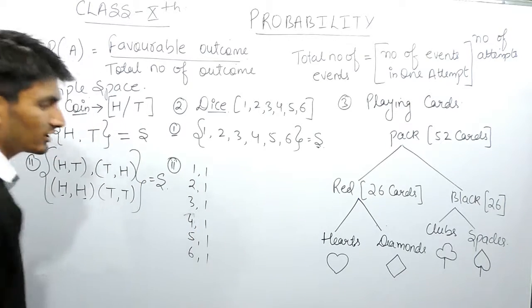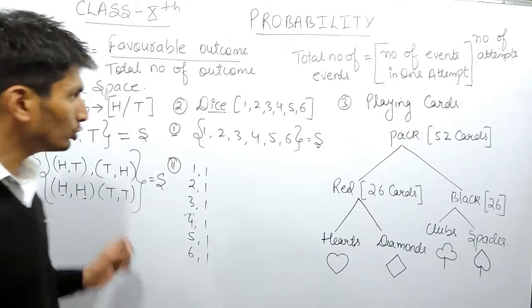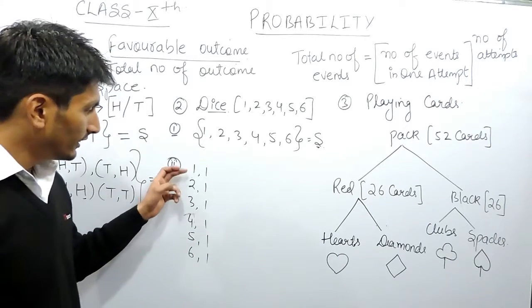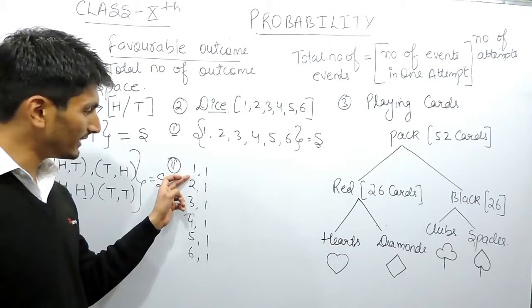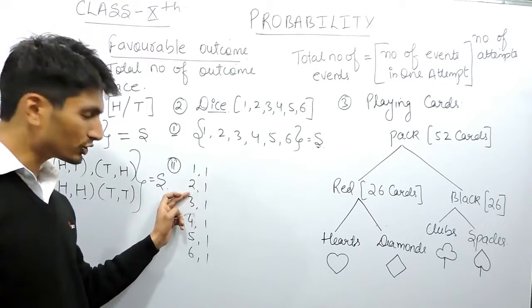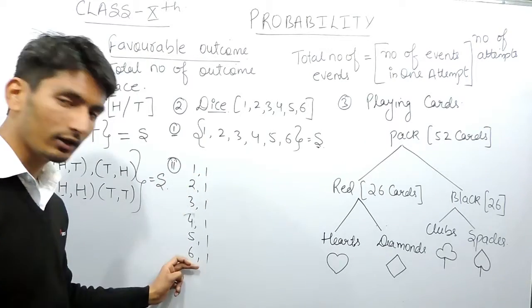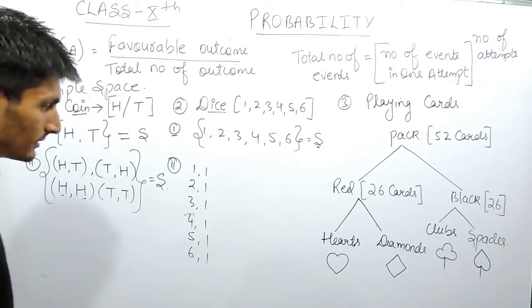So these are the first 6 possibilities when two dice are rolled: in the first dice 1, second 1, then 2 and 1, and so on.